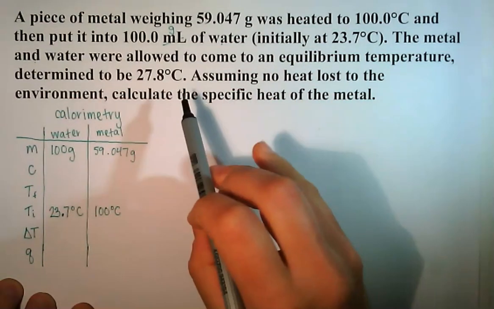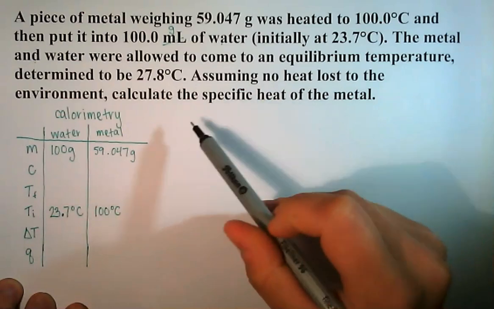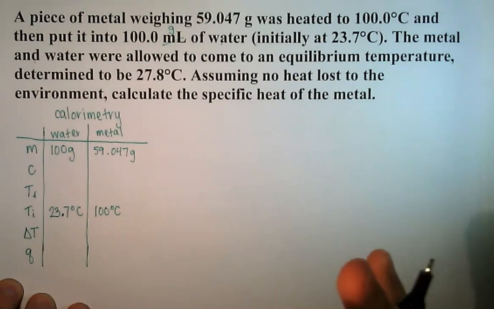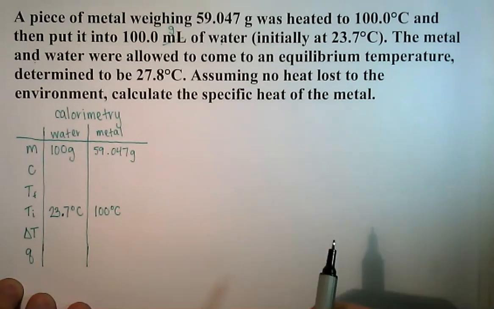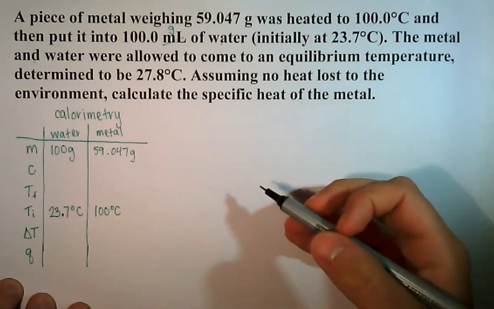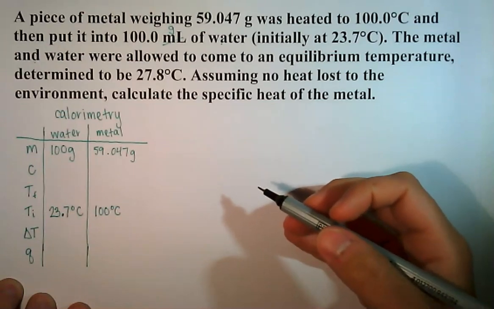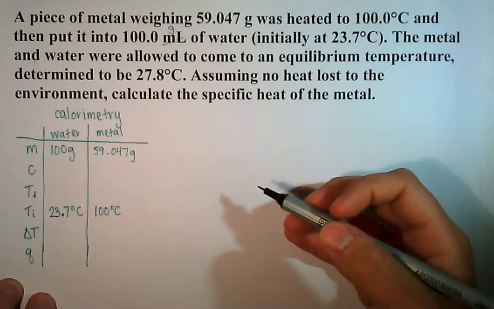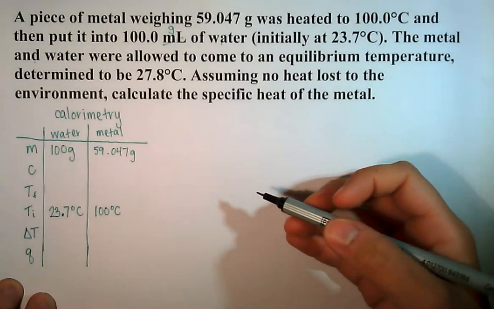The metal and water were allowed to come to an equilibrium temperature. And this will always happen. Whenever you drop something into water and the thing cools off and the water heats up a little bit, the temperature that the two items end at, the water and whatever you're putting in the water, will be the same, because heat will be released by whatever you're cooling off and absorbed by the water until the temperature of the two are the same.